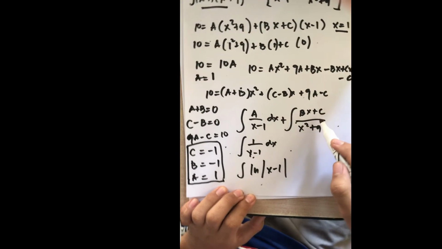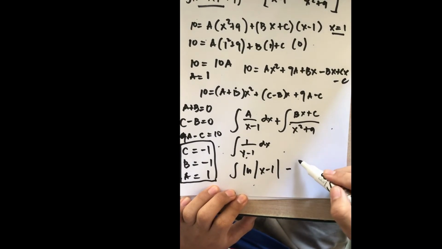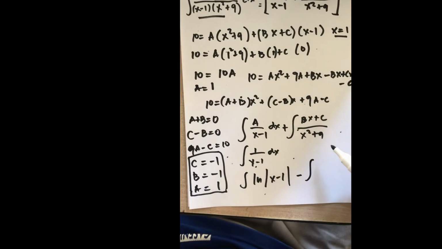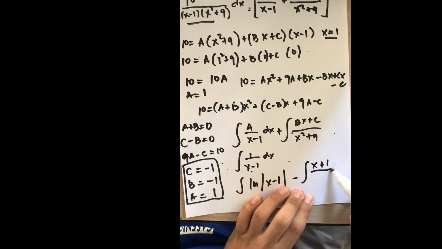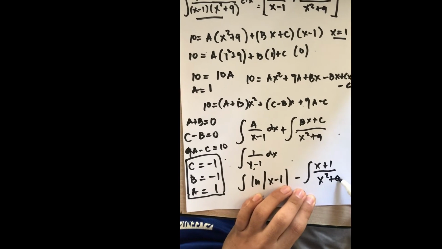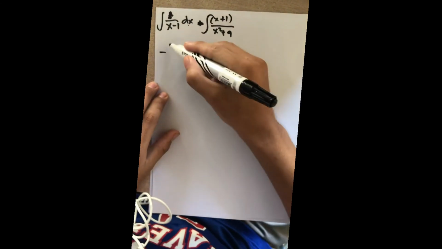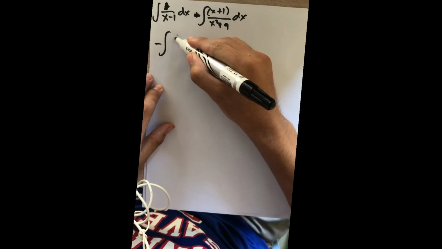Its integration is ln of x minus 1. So in this equation, we're going to factor this out. So negative 1 will be outside of the integral sign. It is x plus 1 over x squared plus 9.